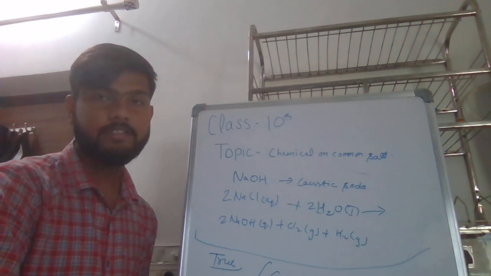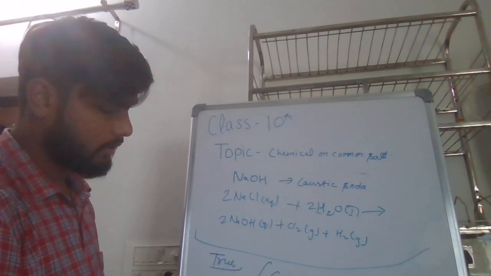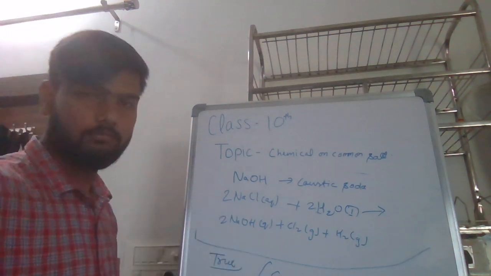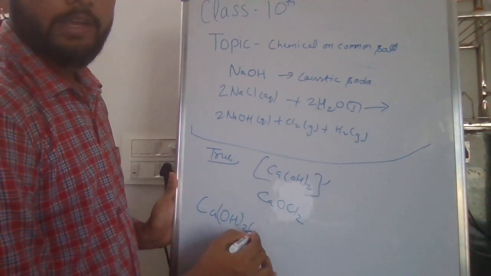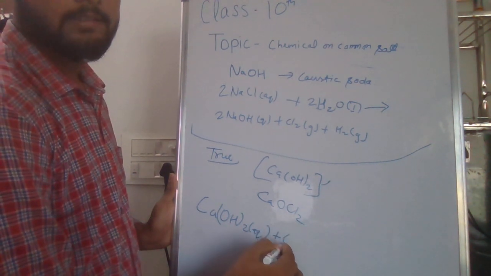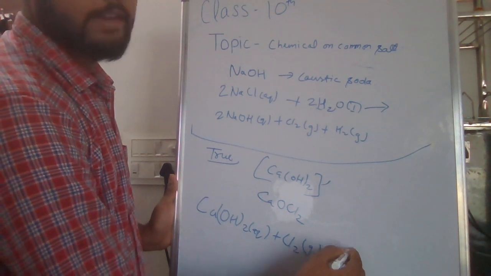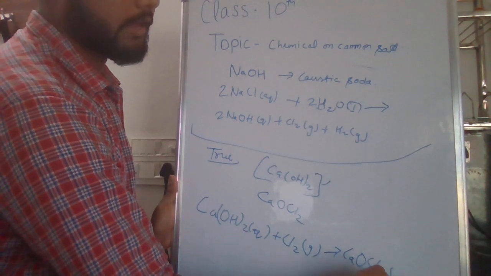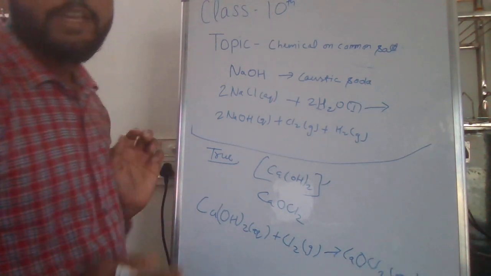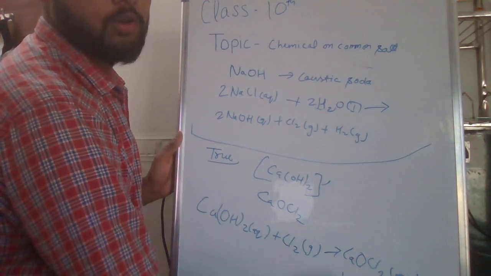So for preparation, after performing the activity, it will be Ca(OH)2 (aq) plus Cl2 (g) gives CaOCl2 (aq) plus H2O.